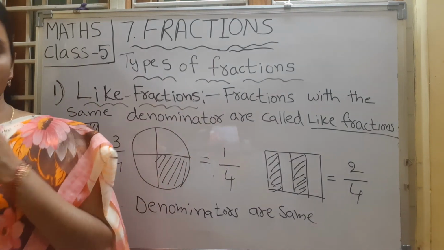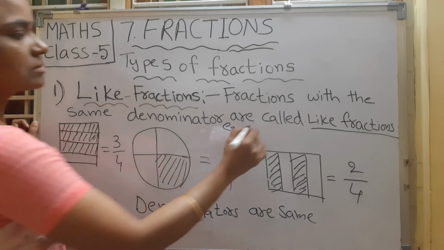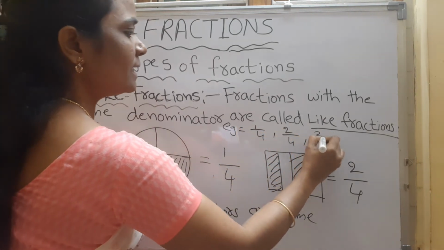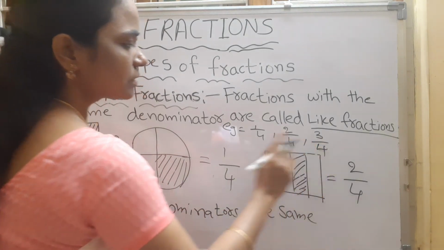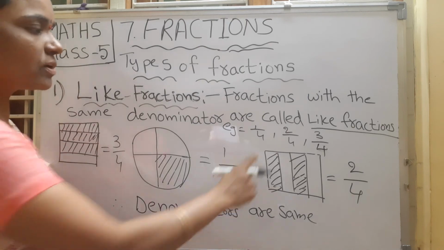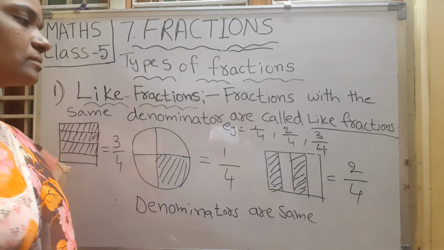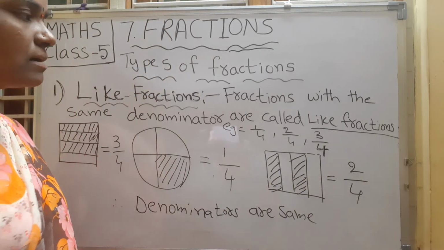Like fractions. Examples. What are the examples? 1 by 4, 2 by 4, 3 by 4. So here denominator is same. In 3 given fractions, what is the denominator? 4. So 4 is the denominator and it is same for the given fractions.